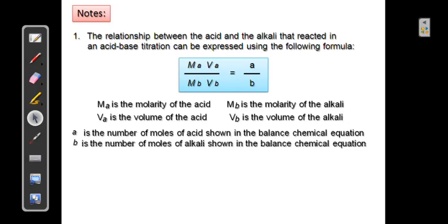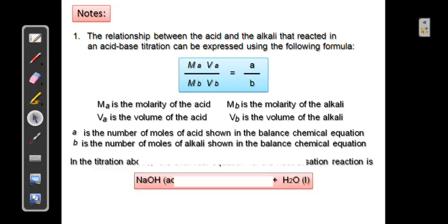B is the number of moles of alkali shown in the balanced chemical equation. So A is always the acid, B is always the alkali.